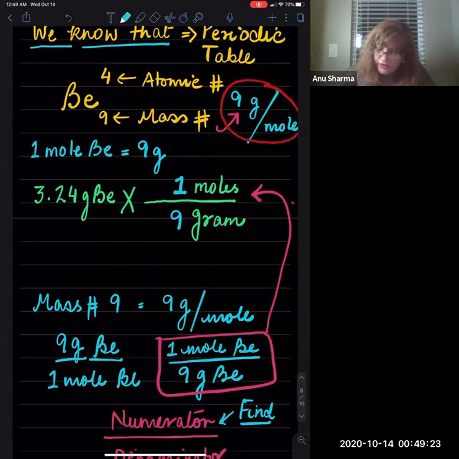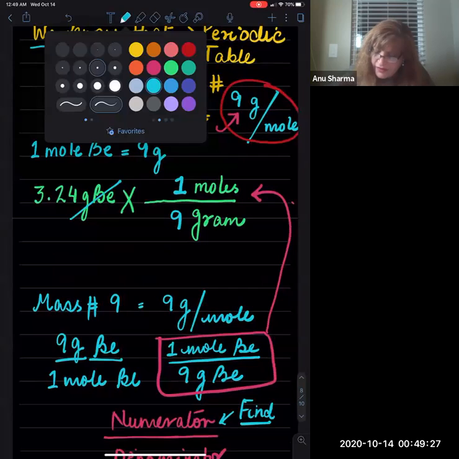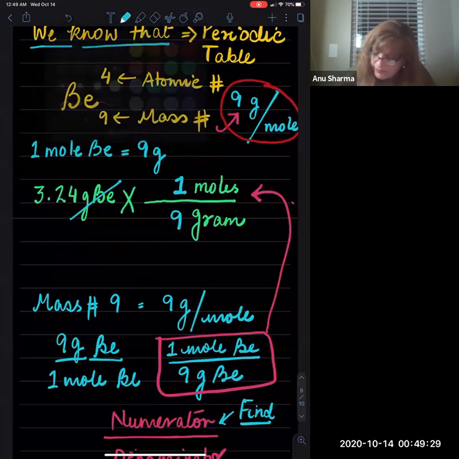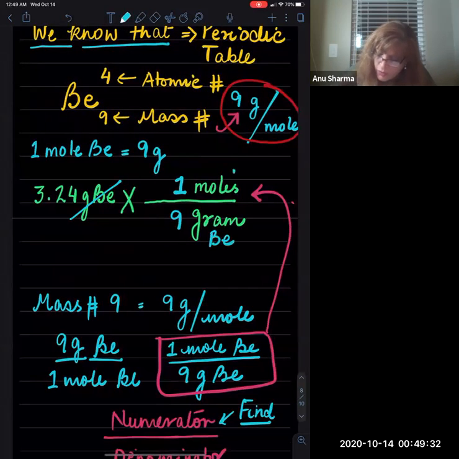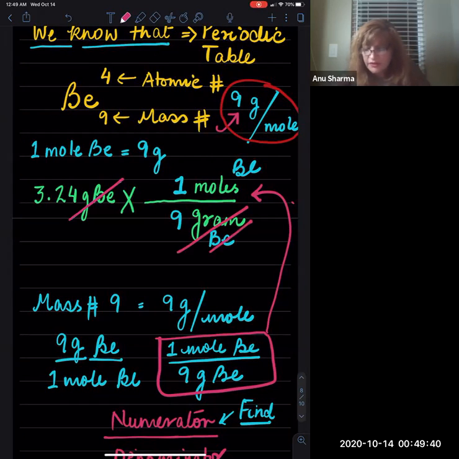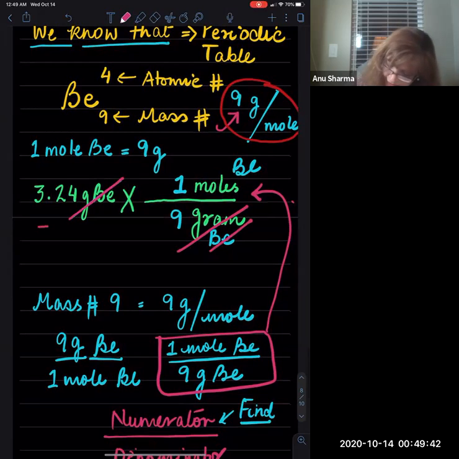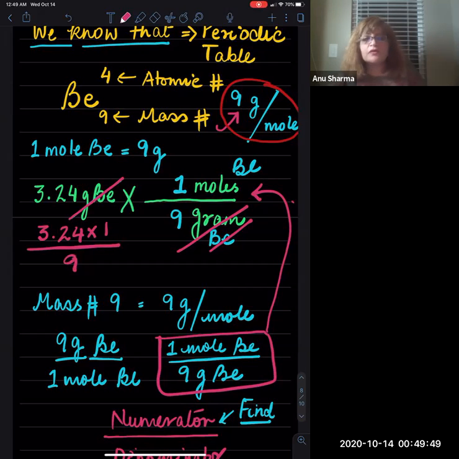As you can see, the grams of beryllium and the grams of beryllium cancel out. All you are left with is 3.24 times 1 divided by 9.